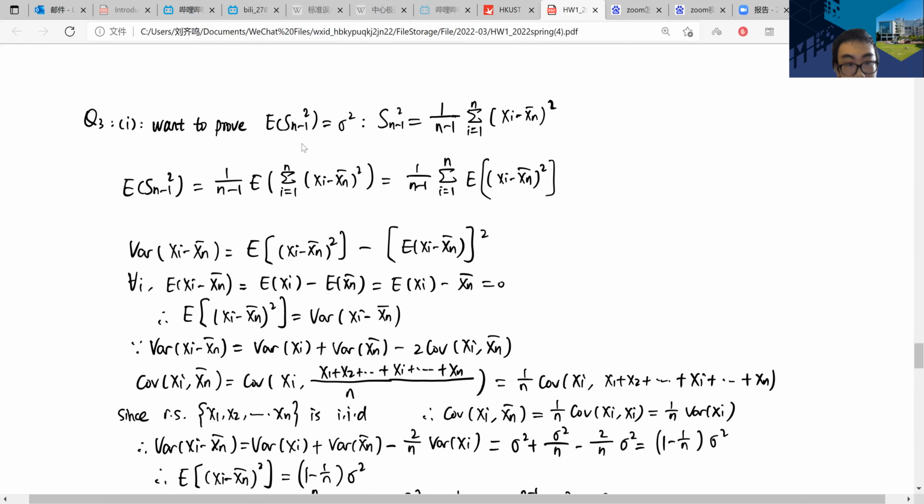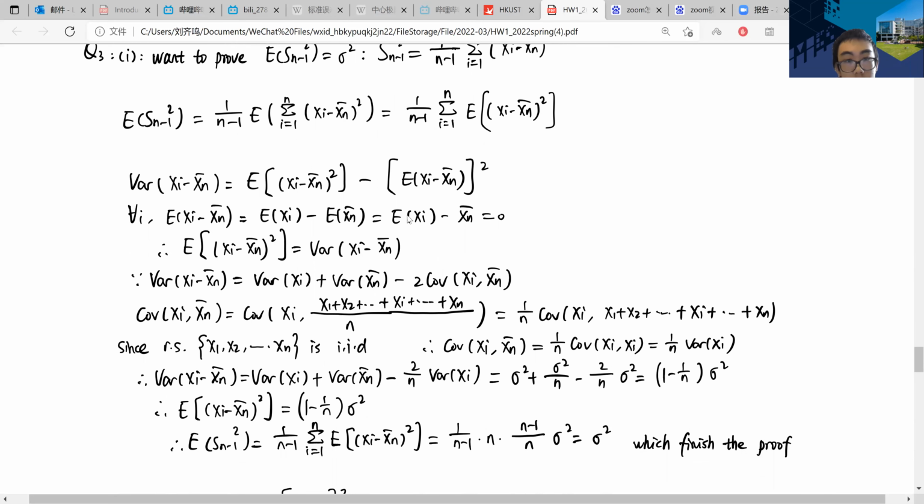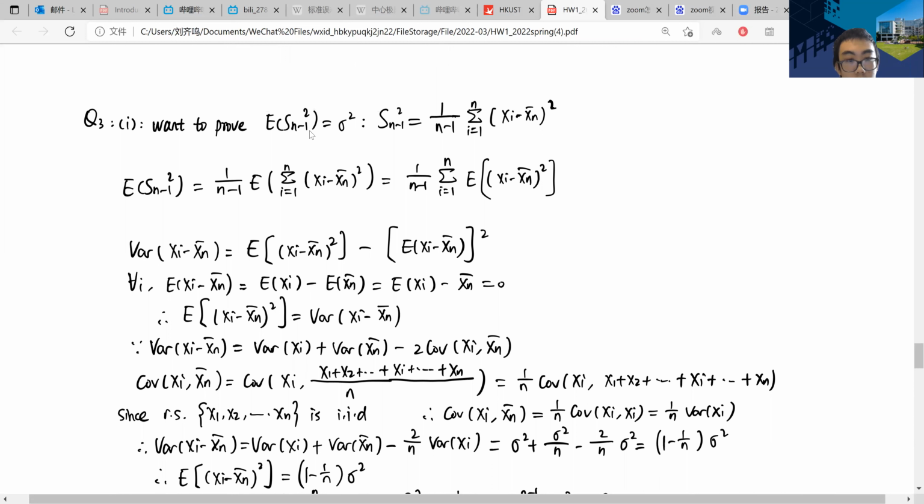So this is question 3. The first problem of question 3 is quite straightforward, I think. I want to prove the expectation of Sn minus 1 squared is equal to sigma squared. I expand the Sn minus 1 squared to this.